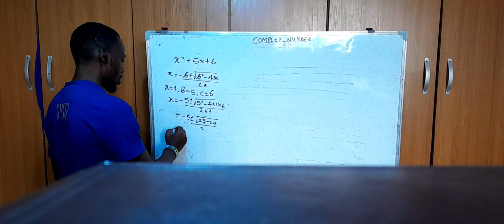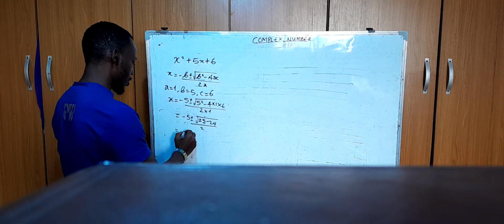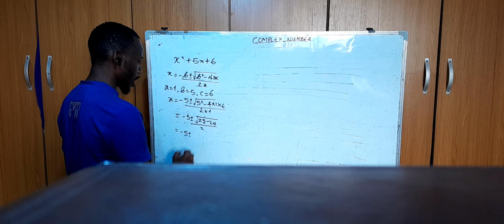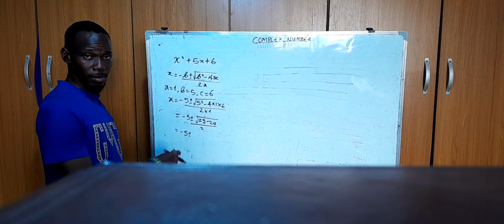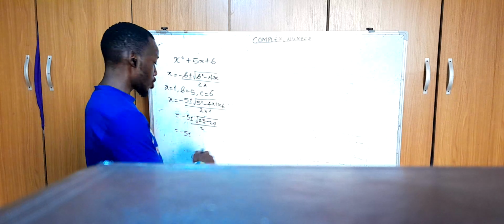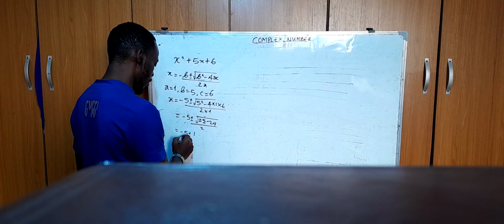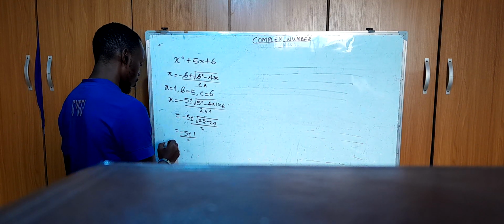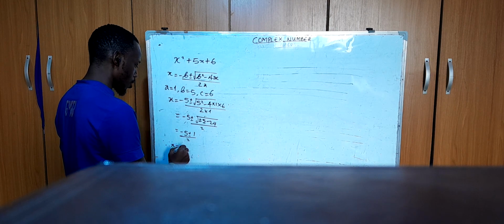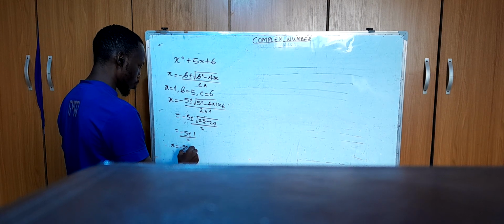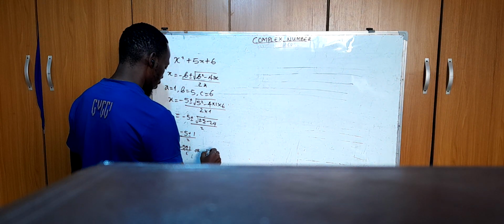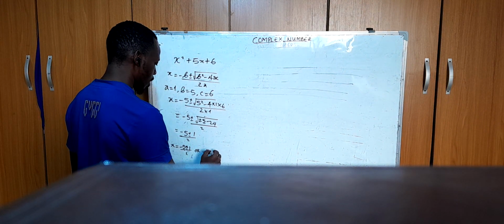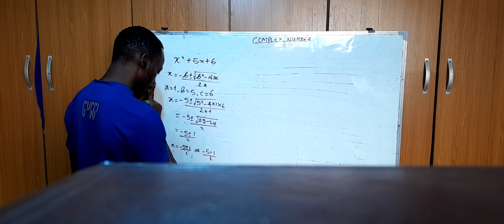So this is minus 5 plus or minus the square root of 25 minus 24. 25 minus 24 is 1. So the square root of 1 is 1, over 2. So therefore, x equals minus 5 plus 1 over 2, or minus 5 minus 1 over 2.